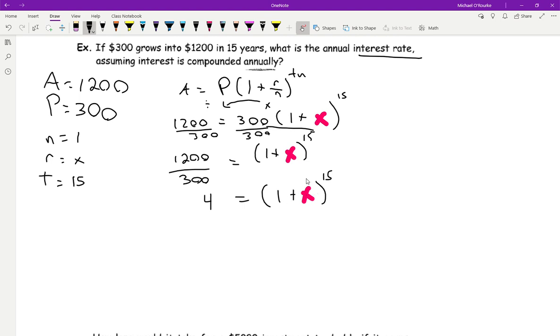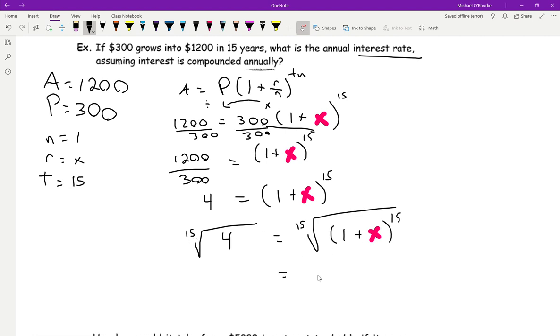Oh my god, not square root it. McCann, you're 100% right, but not square, we're going to take the 15th root of this number.